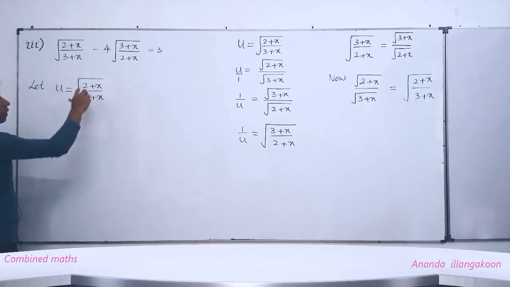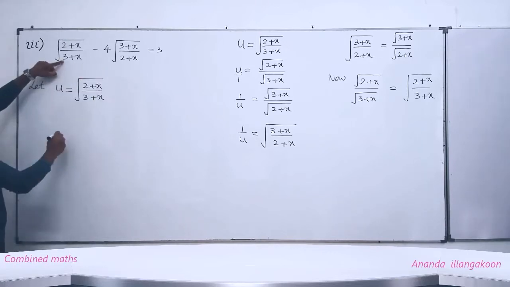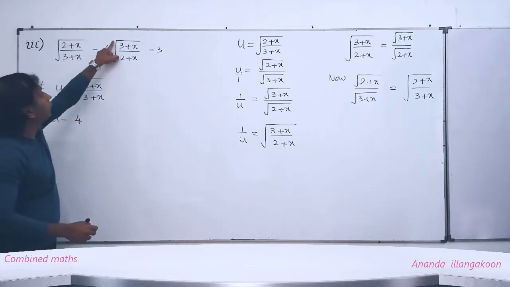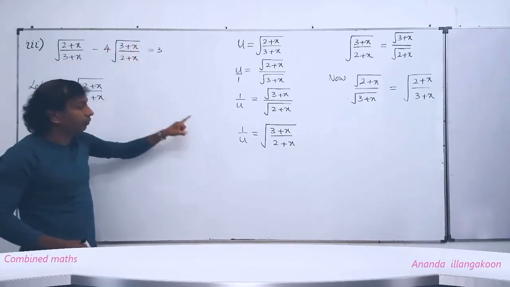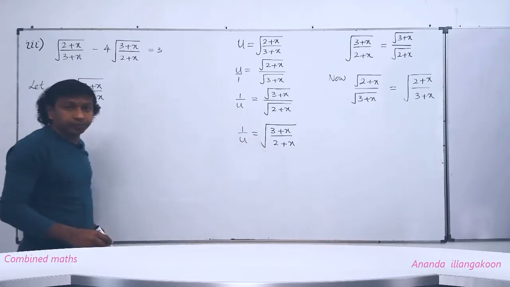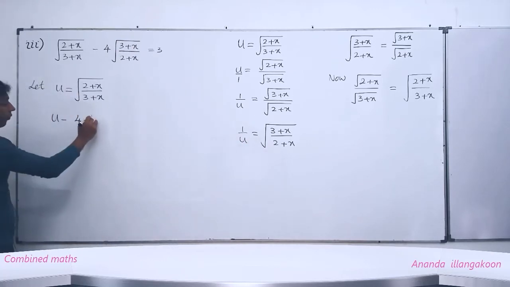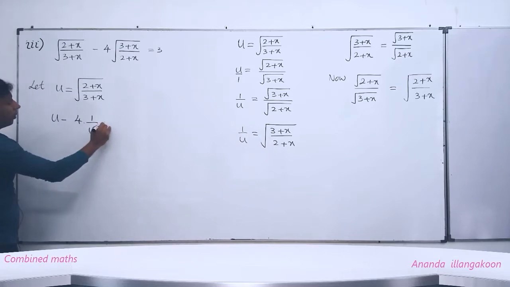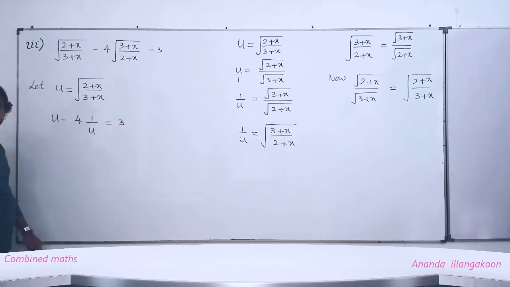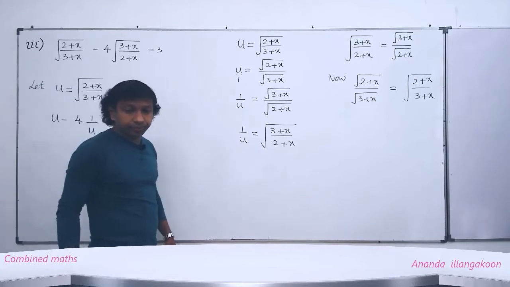This is now u minus 4 times this whole part, which is 1 upon u. Understood? 1 upon u equals 3. We get it like that. Okay.